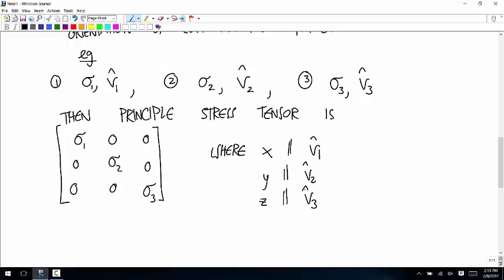You just give the orientations of the x, y, and z axes however you choose them, and you just reorder them: you take your sigma 3 and put that here. This is x, y, z, whichever one you want to be aligned with it. That's how you decide where it goes in the matrix.